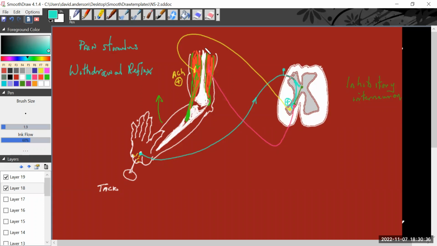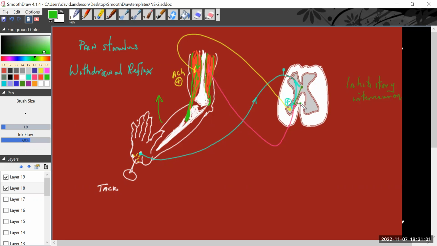So if it releases ACh, the triceps contracts too. And if the triceps and the biceps both contract at the same time, what's going to happen to withdrawal? Nothing. That's trouble, right? We want to withdraw. So we somehow have to inhibit the triceps. So that happens with this intermediary interneuron.